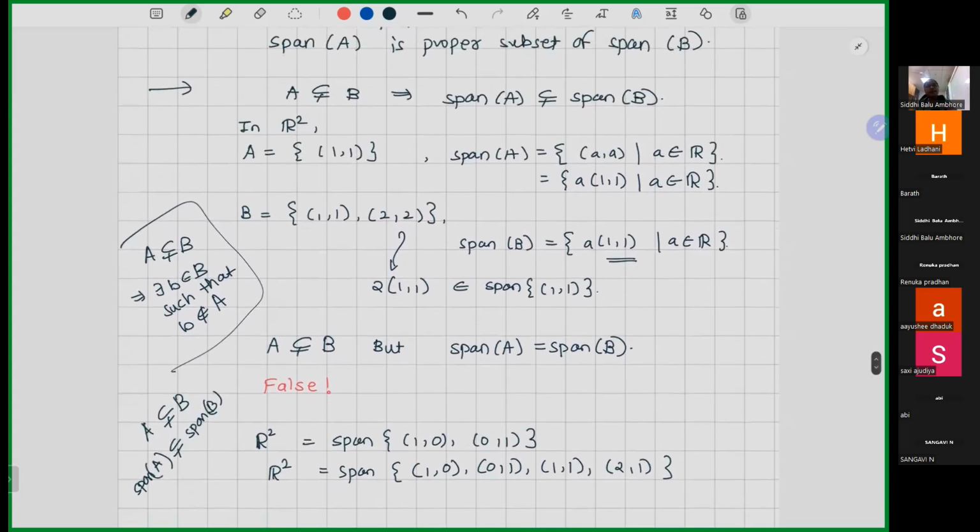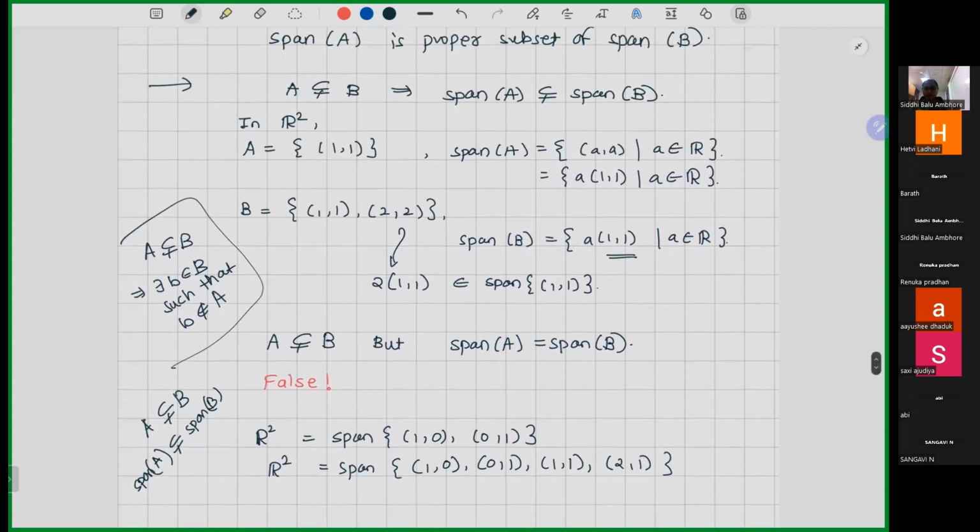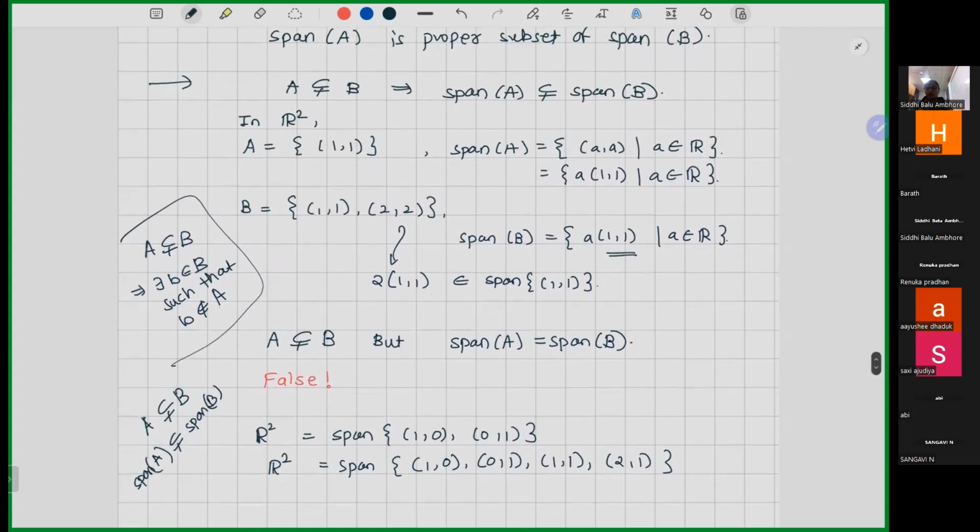But we are saying that it is not true. It is not always true, because we can have examples where this does not hold. In this explicit example, A is (1,1), and the span of A was a(1,1), but span of B is what? (1,1), (2,2), or instead, as we had chosen, (0,0), we can very well choose (0,0) here.